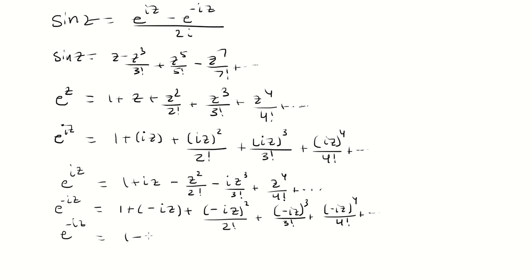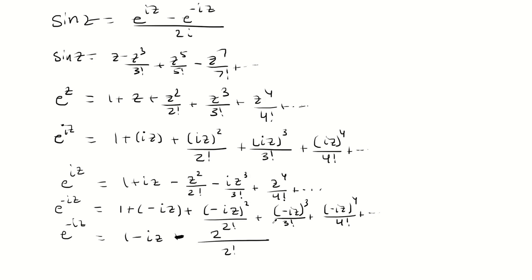So we have 1 minus iz over, on the bottom we have 2 factorial. On the top we have negative i times negative i, that's i squared, which is negative 1. Negative 1, so we'll have a negative outside, and then a z squared.